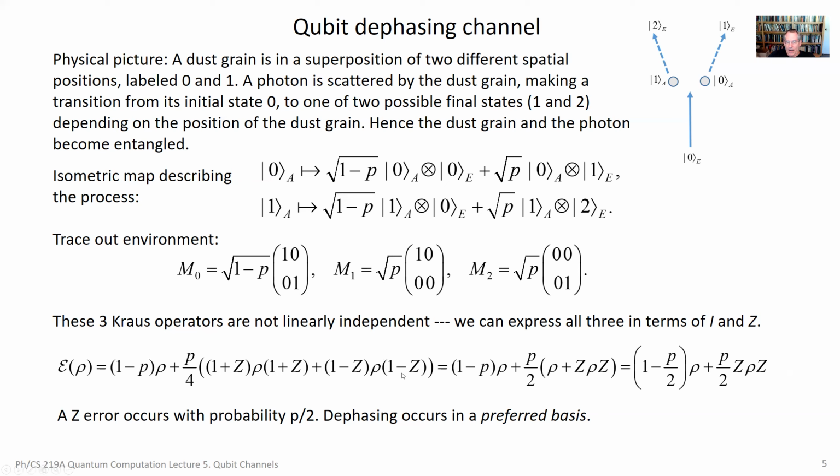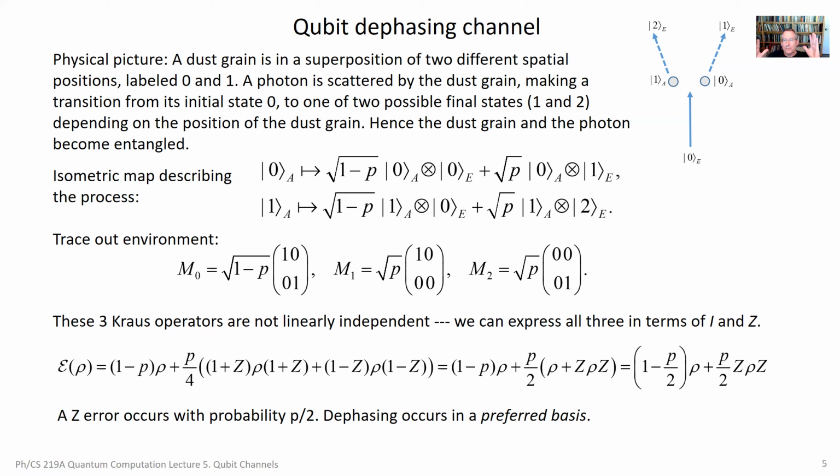And because these 2 minus signs cancel, those add together and they give me P over 2 Z rho Z. So if I combine together this row with this row, there's another way of describing the channel, which is a completely valid way of describing mathematically what it does, which is with probability P over 2, an error occurs, namely a Z is applied to the state, and with probability 1 minus P over 2, nothing happens.